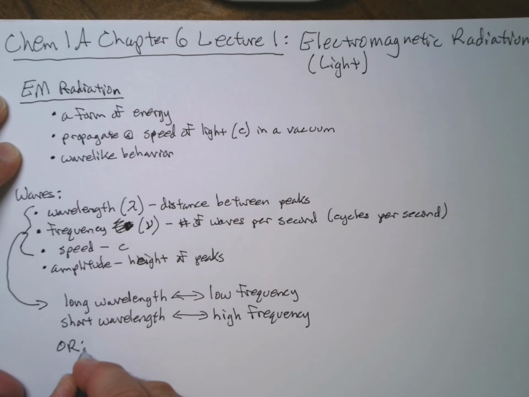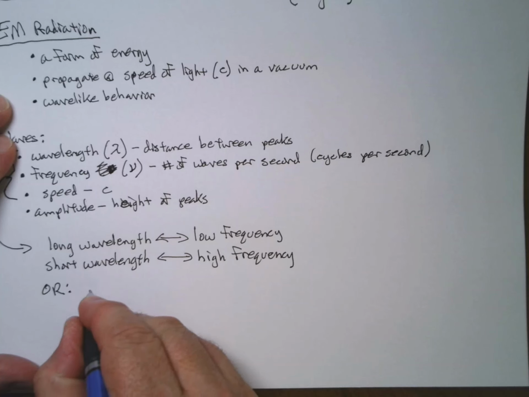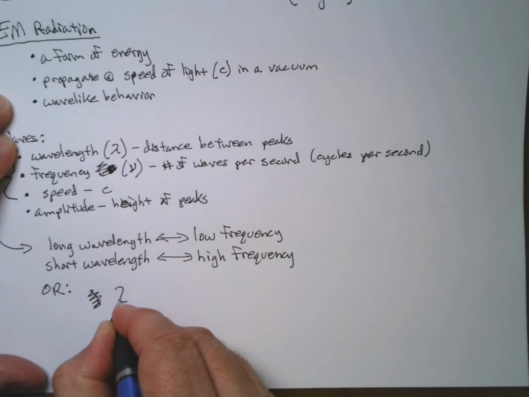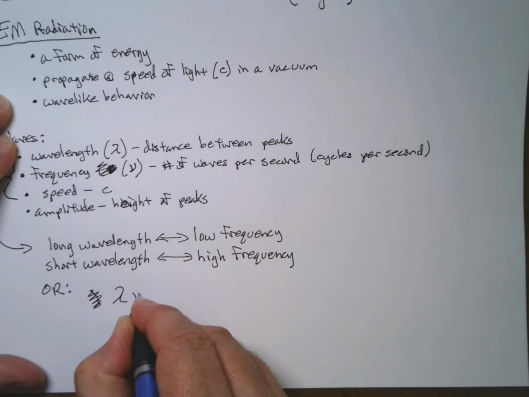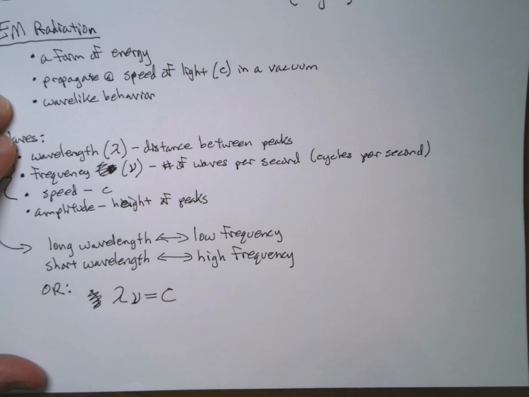So we could also state this as lambda nu equals c.